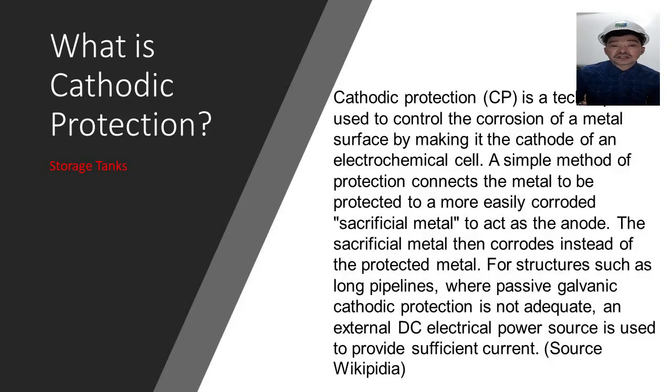What is cathodic protection? Cathodic protection is a technique used to control the corrosion of a metal surface by making it the cathode of an electrochemical process. A simple method of protection connects the metal to be protected to a more easily corroded sacrificial metal to act as the anode.